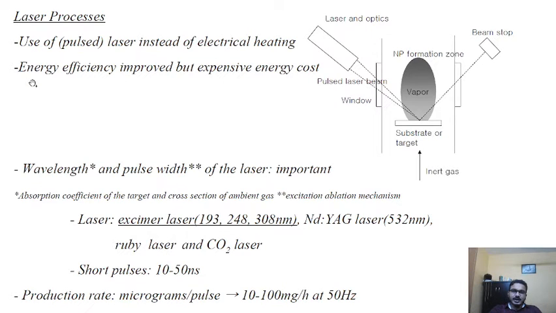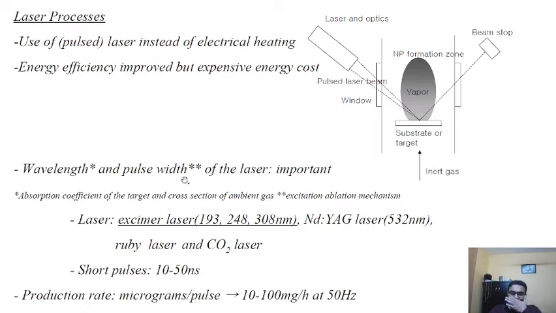Its energy efficiency is improved here, but it is expensive as far as energy cost is concerned. And what is the important part over here? The important part is the wavelength and pulse width of the laser. In case of wavelength, we focus on the absorption coefficient of the target and the cross section of the ambient gas.